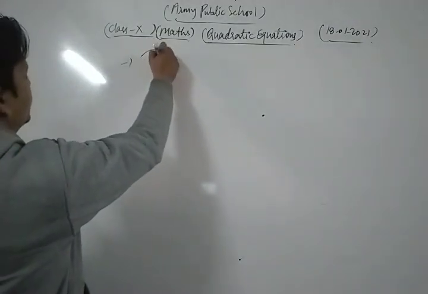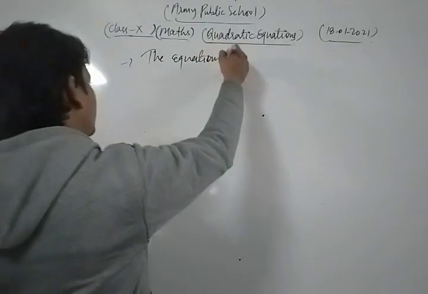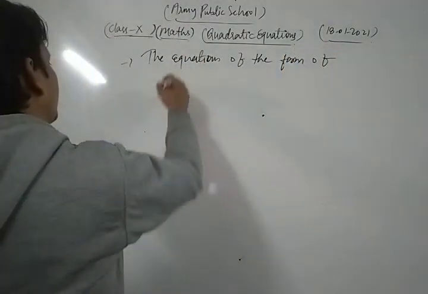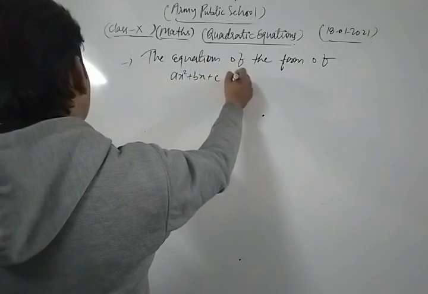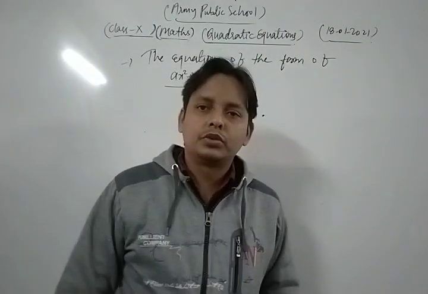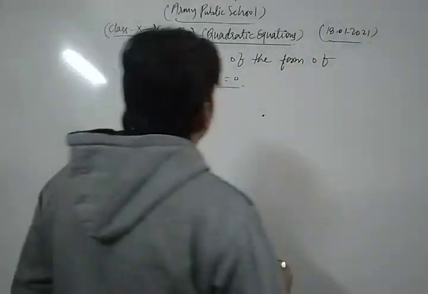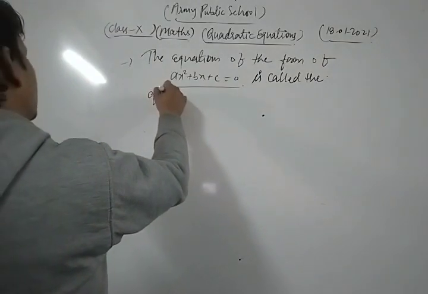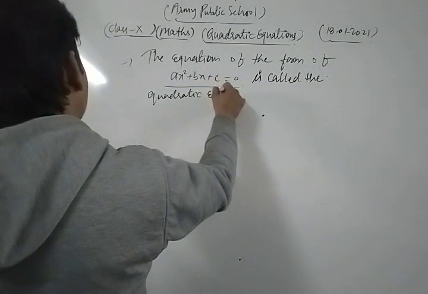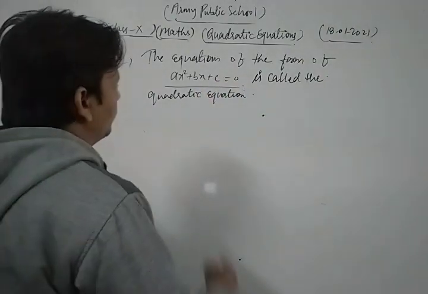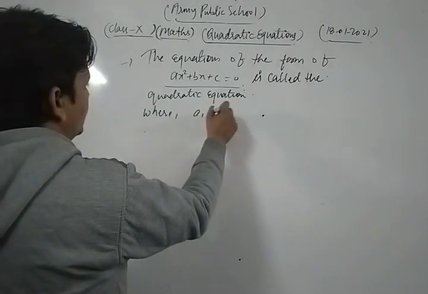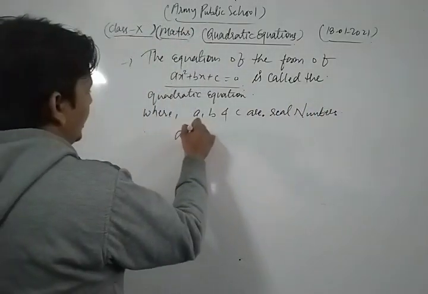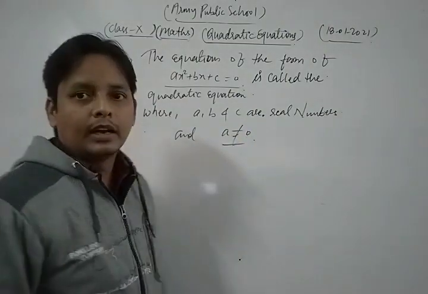Dear friends, the equation of the form ax square plus bx plus c is equal to 0 is called the quadratic equation, where a, b, and c are real numbers and a is not equal to 0.